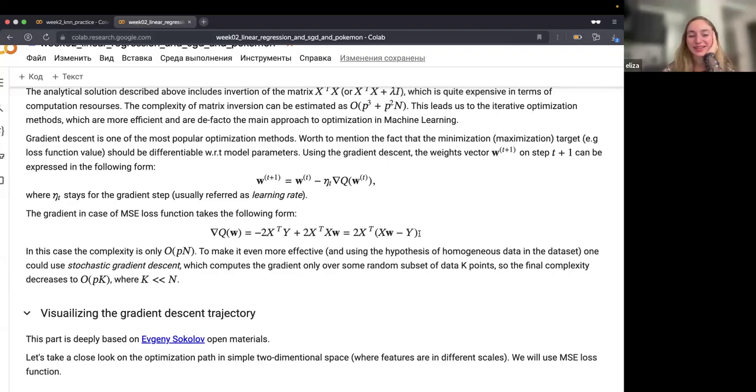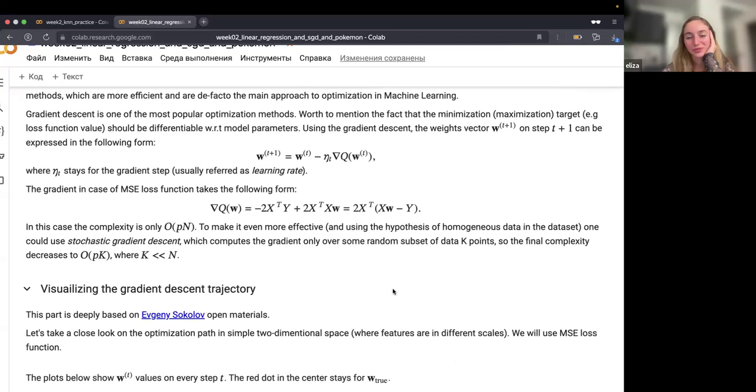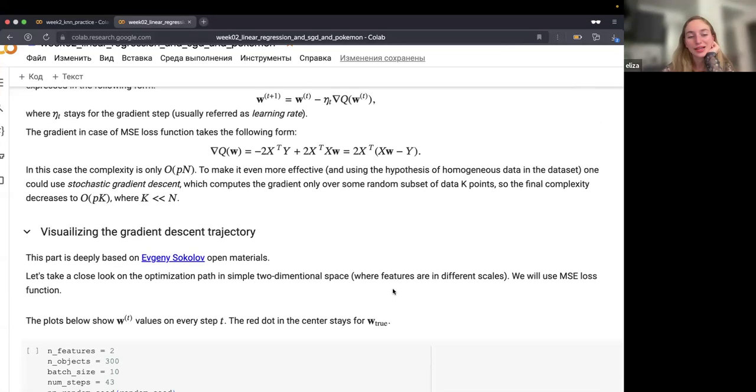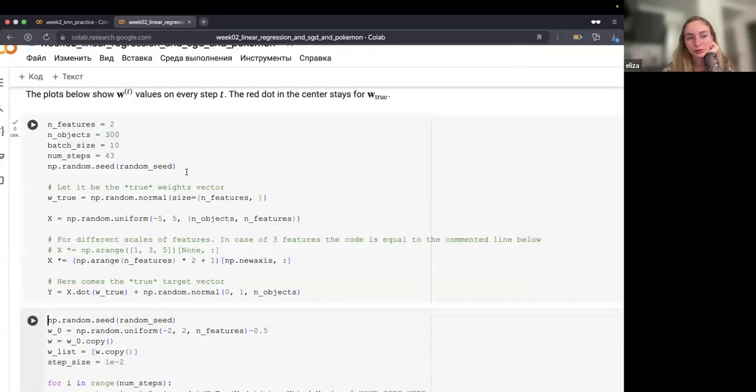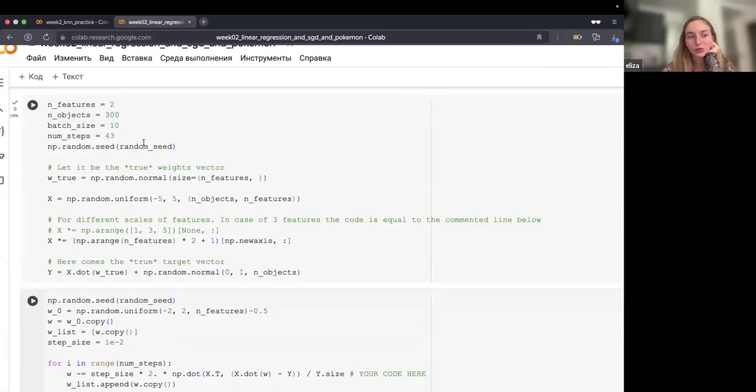I think I will send you materials on this. Now we use our example with two features with 300 objects.